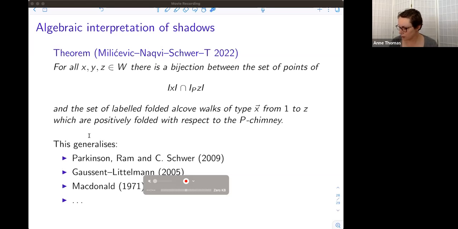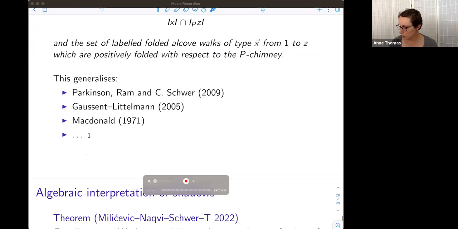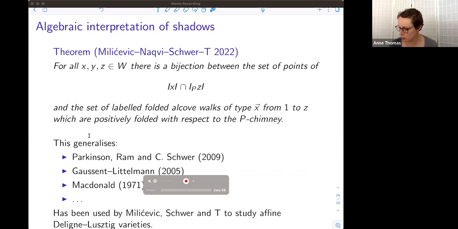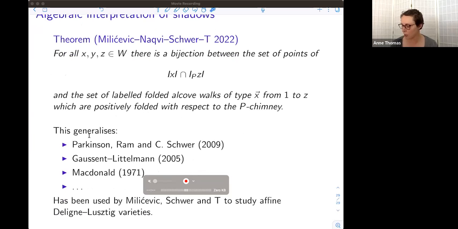And then to finish, since this four-author paper, Milicevic, Schwer, and I have used this theorem to study what are called affine Deligne-Lusztig varieties, which are important in arithmetic algebraic geometry, I've been told. So this theorem gives a connection between folded galleries and double coset intersections.